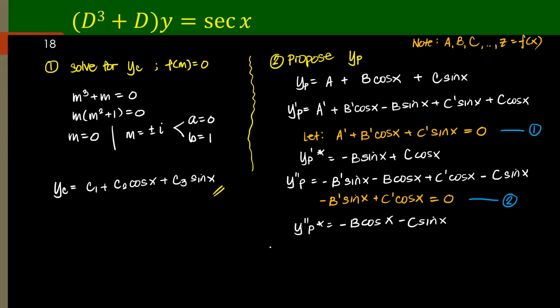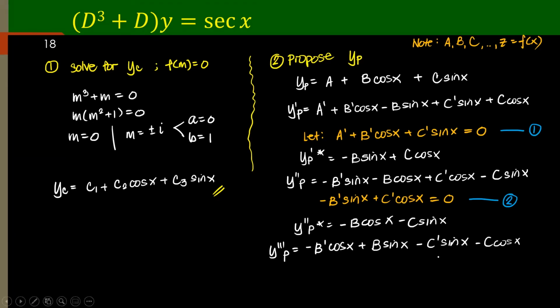Now, we will reach the y triple prime because we need to have a y triple prime because of the problem. So it becomes negative b prime cos x plus b sine x minus c prime sine x minus c cos x.